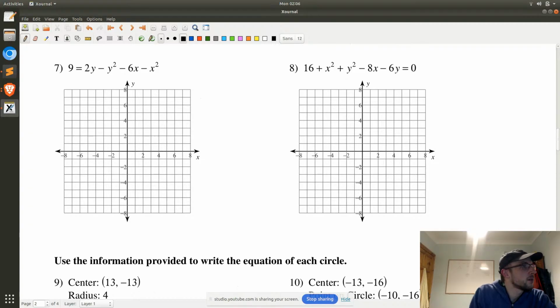Okay, here, multiply everything by -1 again. So we're going to get x squared plus 6x plus y squared minus 2y equals -9. Good. Complete the square.